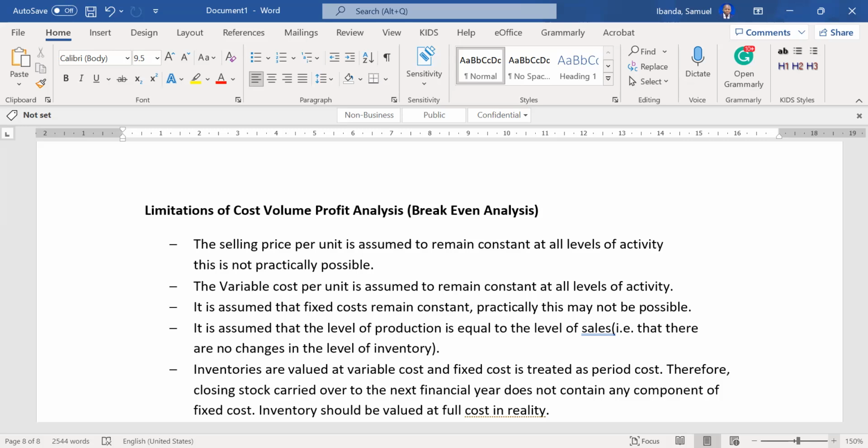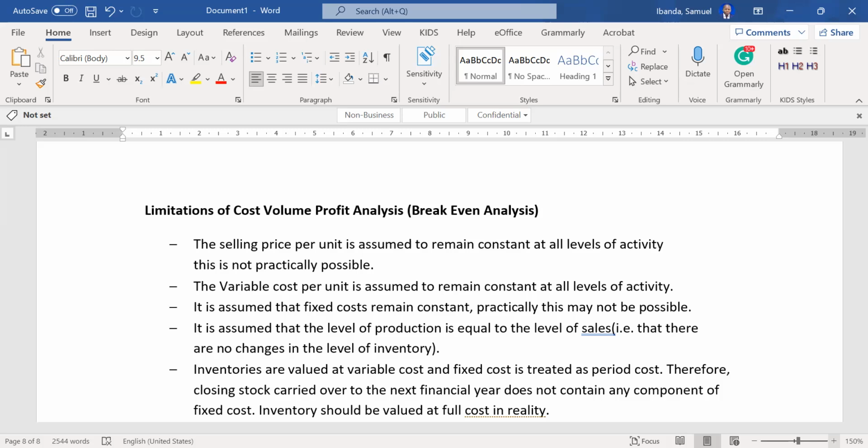And how do they vary? They vary in the long term. I give you an example. Today, you may be renting one room and you pay a fixed cost of, let's say, 1 million. But as your market grows, you may need an extra room, and this extra room may cost you 500,000.